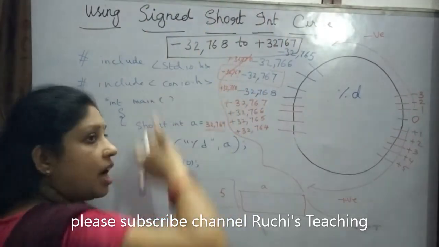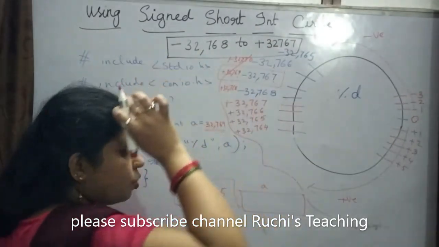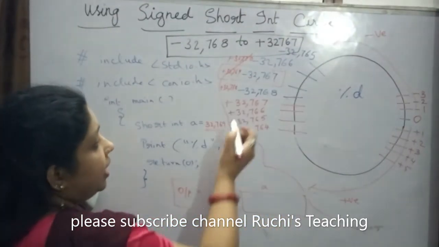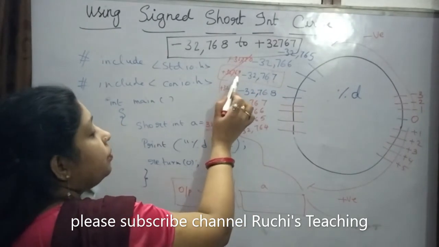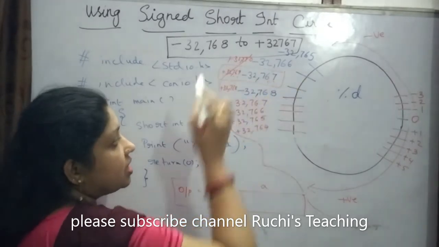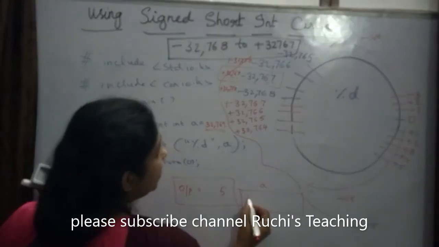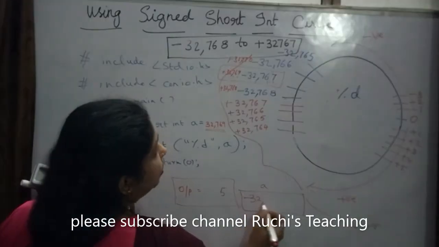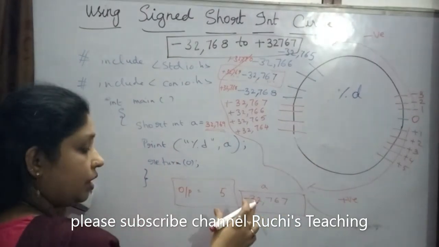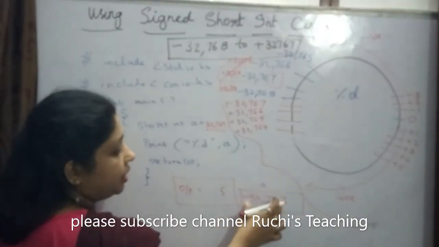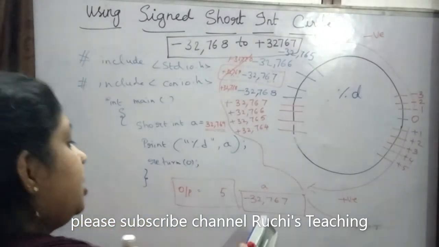In its own way it will start assigning, and until the number comes, it goes on assigning its own values, and wherever a number comes that is there in that circle, that particular value it will take. And which value is it going to take? Minus 32,767 it's going to place in that particular memory location. To that A variable, this value is stored.